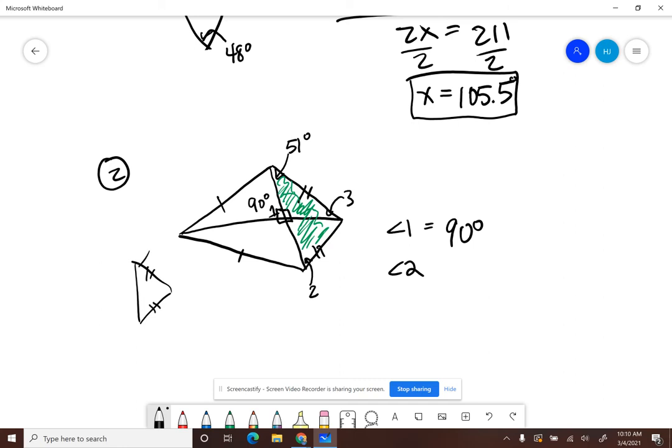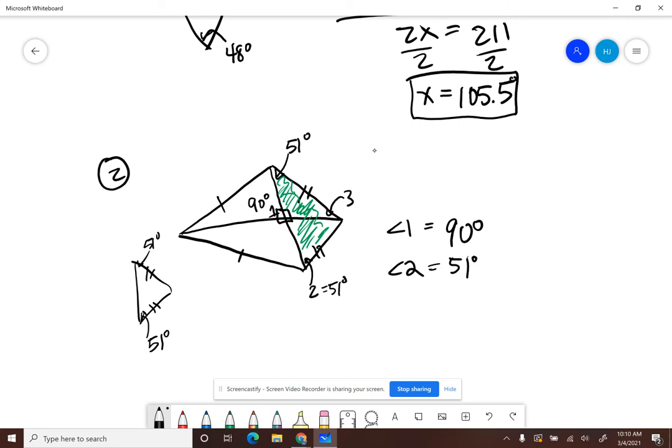And you notice that the angle right here happens to be 51 degrees. Well, if that angle is 51 degrees and it's across from this side, then what does this angle have to be? It also has to be 51 degrees. So just because of the past knowledge that we have about isosceles triangles, we know that angle 2 has to be equal to 51 degrees. Okay, so those two properties alone have helped us figure out this much of this triangle.